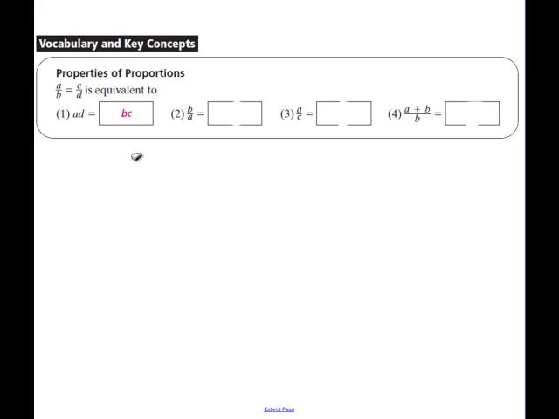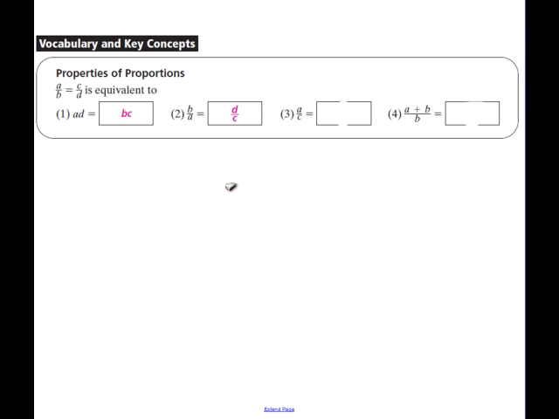The other one: anytime that we have an equality, if there's an equal sign, we can essentially do the same thing to both sides, and the equality will remain true. It will remain equal. So in this case, what they've done is they've taken the reciprocal. Notice here it's a over b, now they have b over a, so if we do that to the left, then we're also going to need to do that to the right-hand side as well.